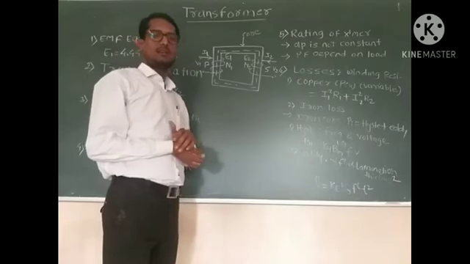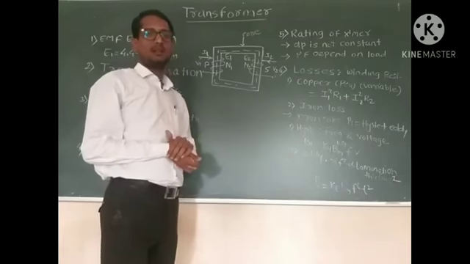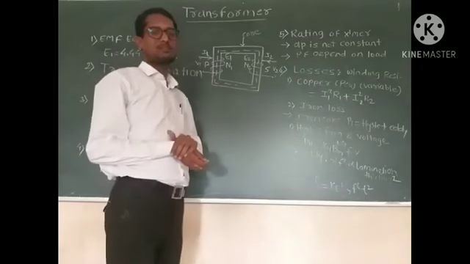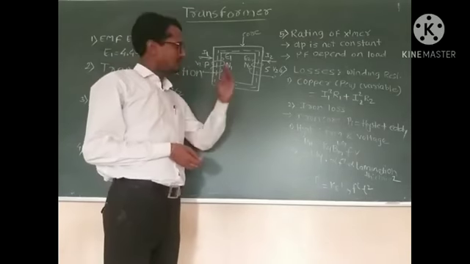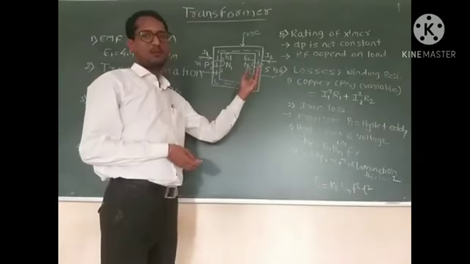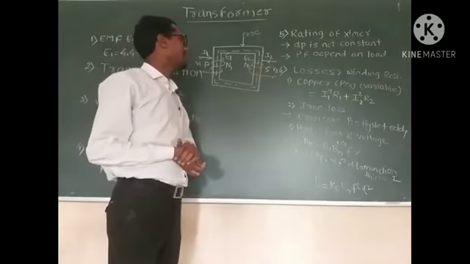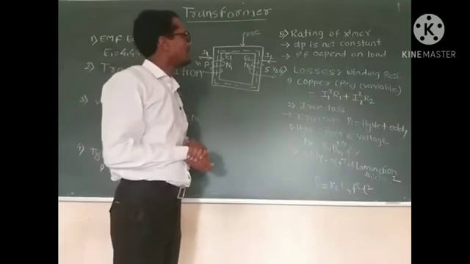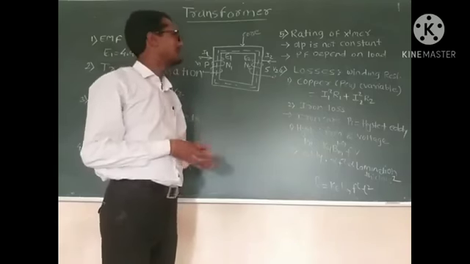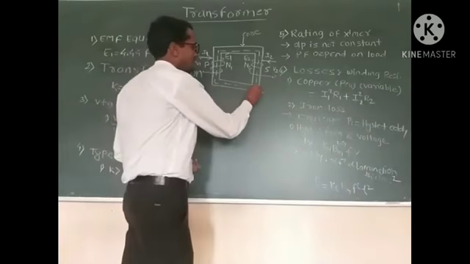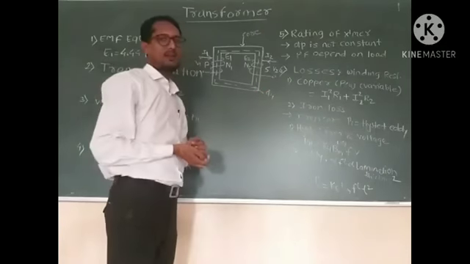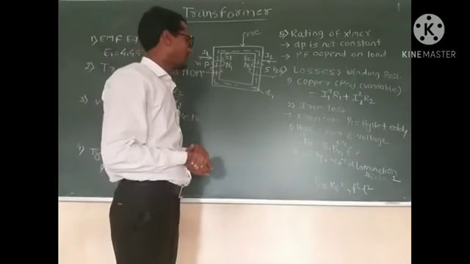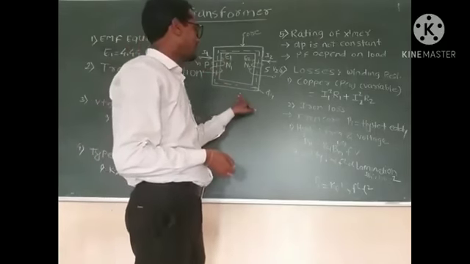E1 is the EMF induced by the primary winding, E2 is the EMF induced by the secondary winding, V1 is the supply voltage on the primary side, and V2 is the voltage across the secondary side. I1 is the current of the primary side, I2 is the current of the secondary side. Here phi is the flux that flows from the primary winding to the secondary winding.